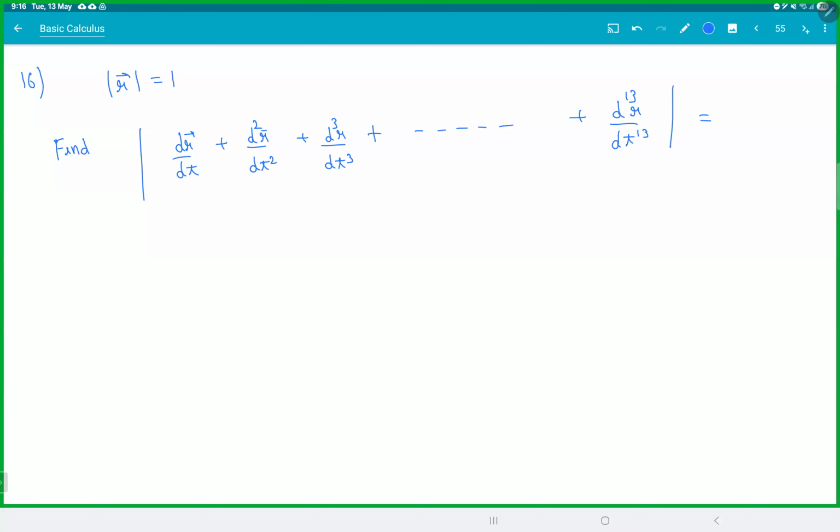This is how they'll ask a question. So basically, this is your 13th differential. You take a vector and differentiate it 13 times, add all of them, and get the magnitude of this. And this is your second differential, and so on.